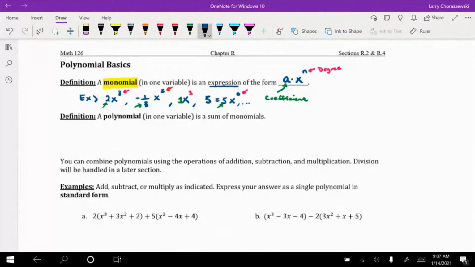I'll do it with a table. Let's say we had a table of x and y values, and we're getting our y values by taking 2 and raising it to our x value. This is an example of an exponential function, which is something that we'll do later on in the course.